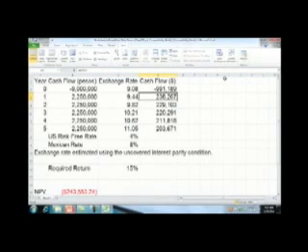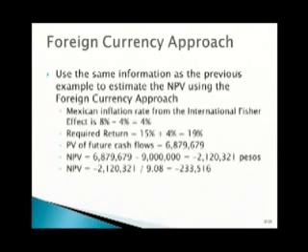So the cash flows in pesos are constant, but because of Mexican inflation, the cash flows in terms of U.S. dollars are decreasing. When we take the present value of these cash flows at the required return of 15%, we get a net present value of negative $243,553.24. And so this project does not look like a good project.